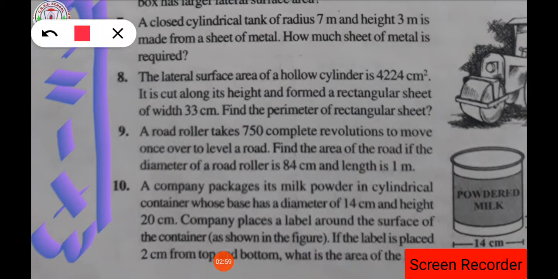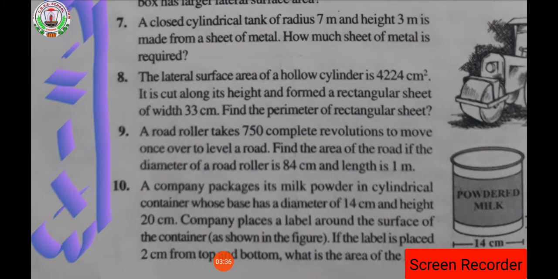Because in this question we have to compare two things. One cylinder is cut along its height, and it is divided into the form of a rectangle. So the curved surface area of the cylinder will be equal to the area of the rectangle. Both will be equal. This condition we have to use in question number 8.